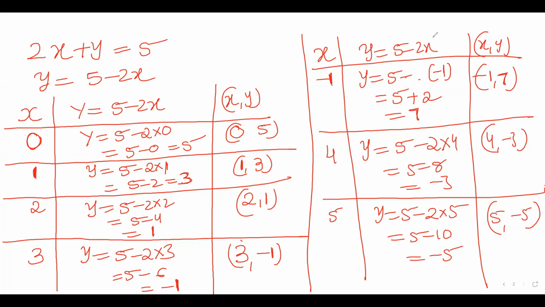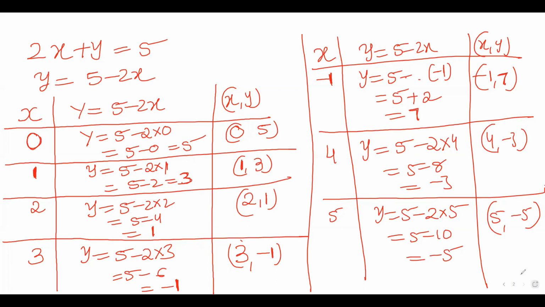If you see here, these 3 are positive, these 3 are negative, and this is a positive number. So these many points are enough to draw the straight line. And let us first of all write down all the points of the first line in the next page.